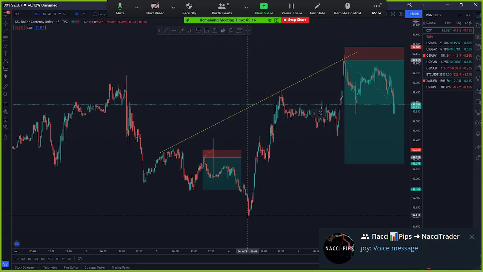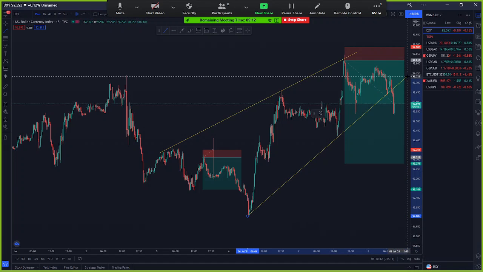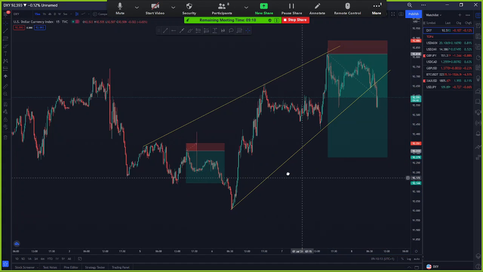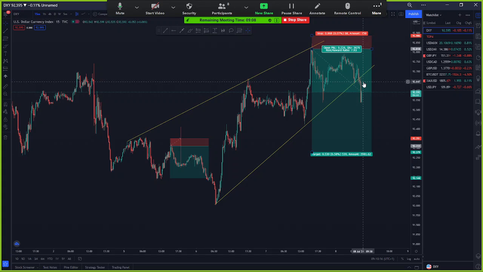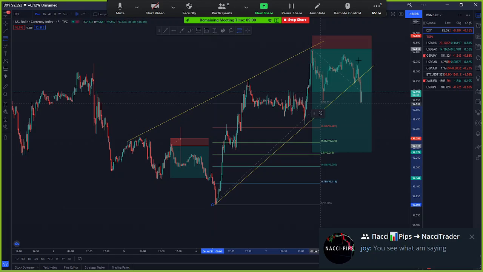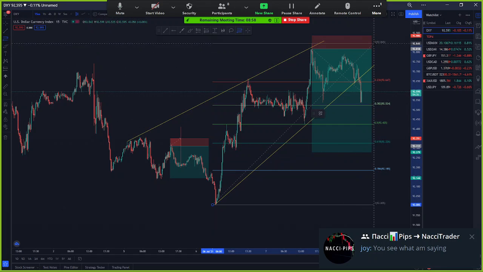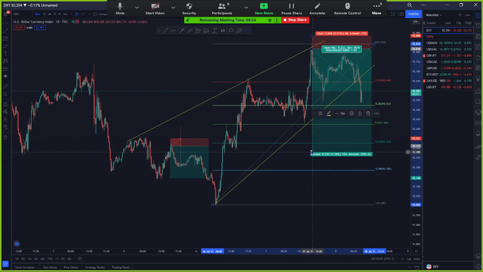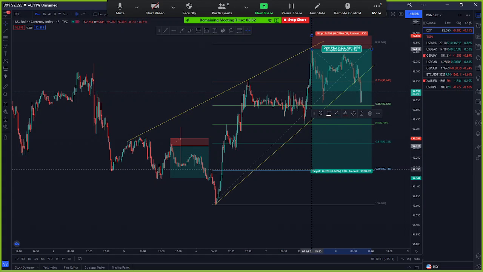This channel here. Price is off the channel and we're expecting, you could use your fib to outline it. 78.6 of the total move to the upside is here. So we have our take profit here.